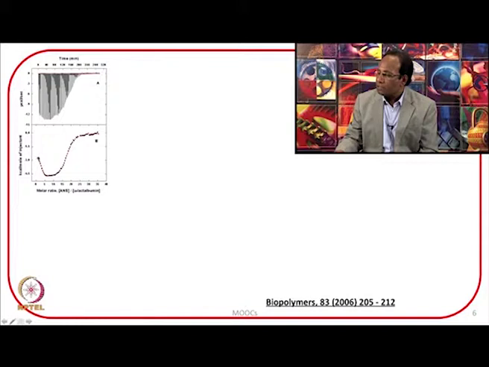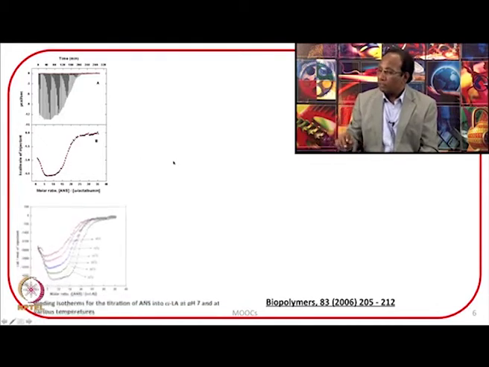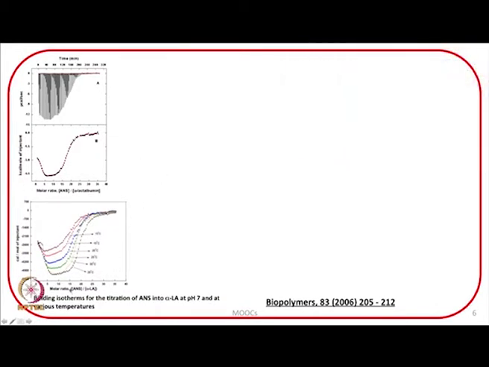Whenever one gets this kind of binding behavior, immediately a conclusion should be drawn that the binding is not taking place in a 1:1 manner. There are certainly more than one binding sites on the protein which is making a reversal in the trend of interaction. And then if one studies the binding as a function of temperature, this figure represents the binding behavior as a function of temperature.